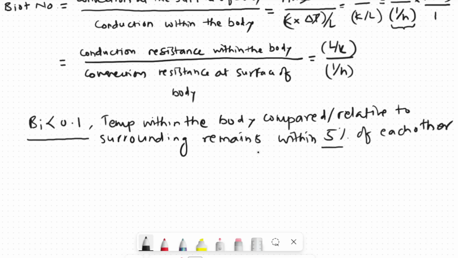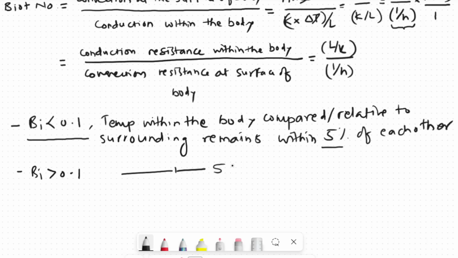The temperature is changing with respect to time, but it is nearly constant. And in this case, I'll use the lumped parameter analysis formula. And if the value of Biot number is more than 0.1, the temperature difference is more than 5%. So it means that the temperature inside the body is changing.